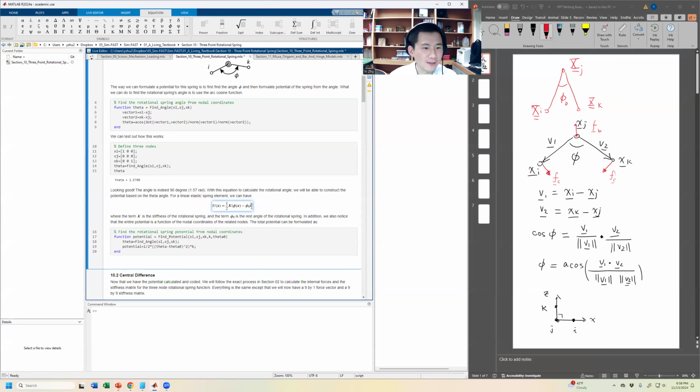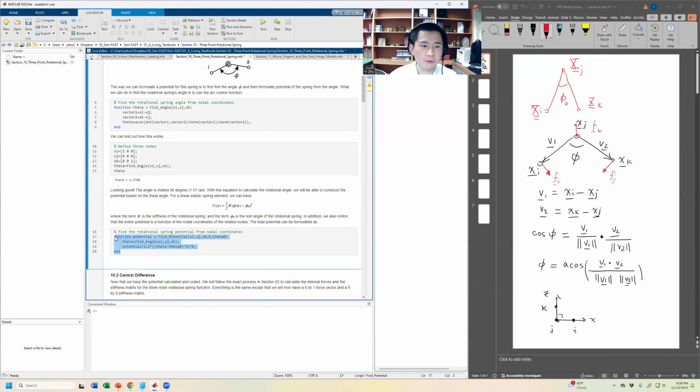As a matter of fact, this thing is so easy to code. We only need just two lines of code to create this function. It takes in the xi, xj, and xk nodes, finds a theta value, and then it's going to be one half times the spring constant times theta minus theta naught squared. And that will give us the total potential of the system.